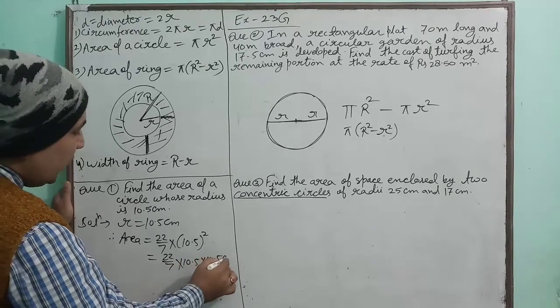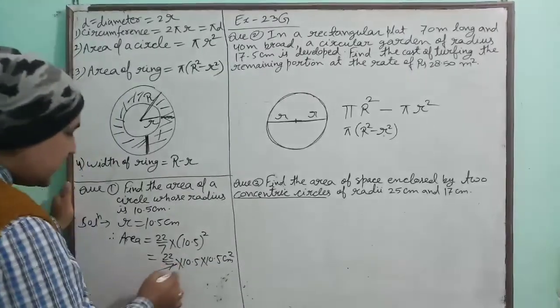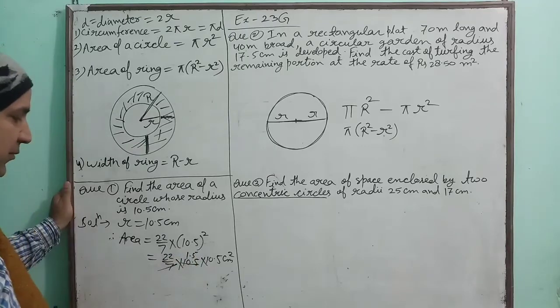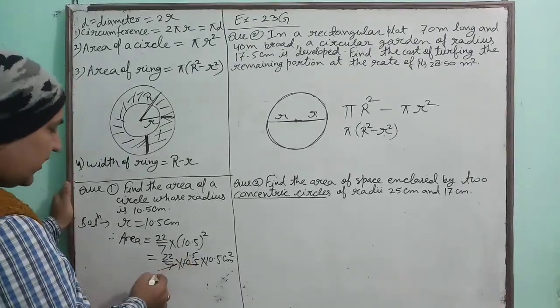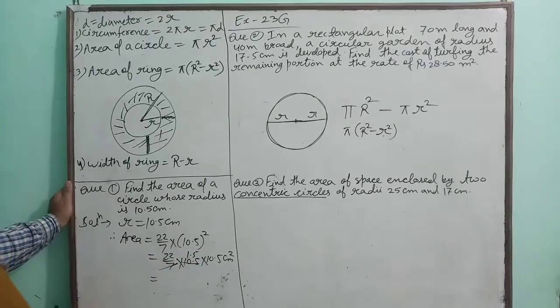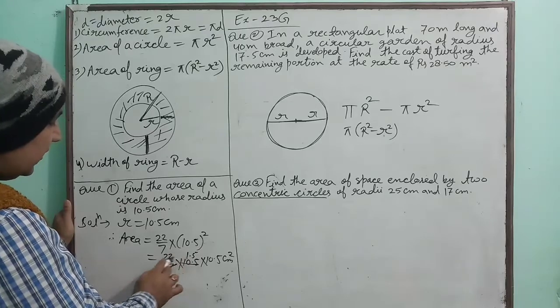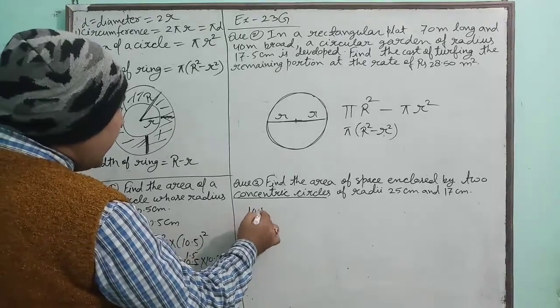10.5 into 10.5 centimeter square. You can see that this 7 can divide 10.5 by 1.5 times. 10.5 is divided by 7, then you will get 1.5. Now multiply all the numbers. 22 into 1.5 is 33. 33 into 10.5.